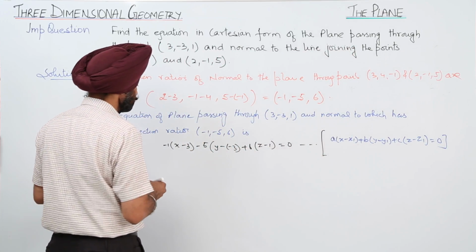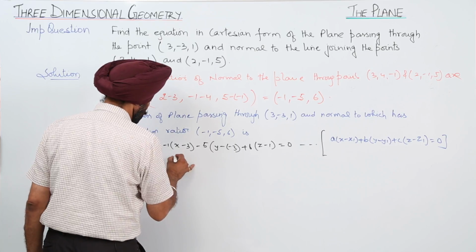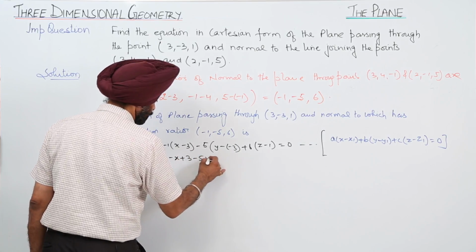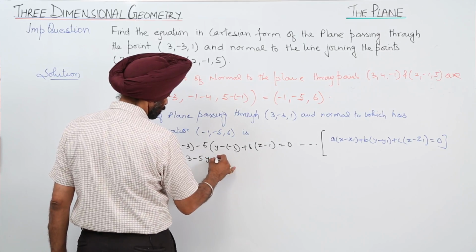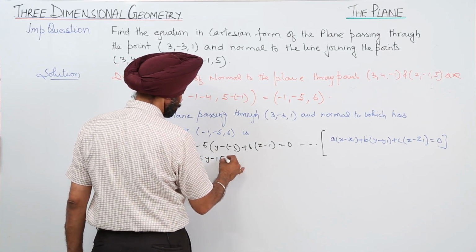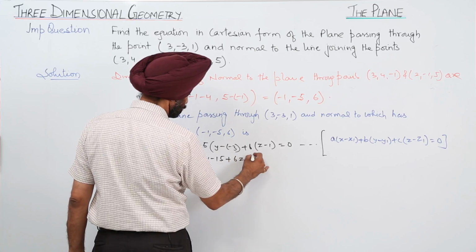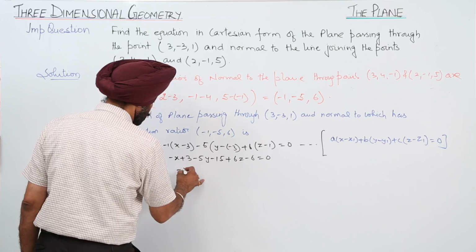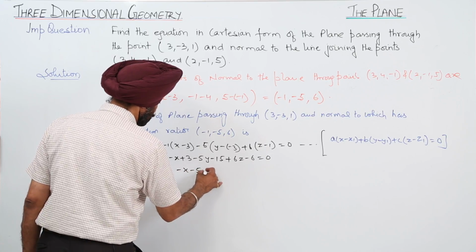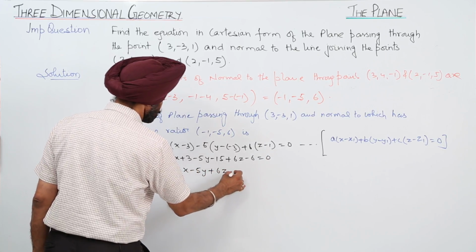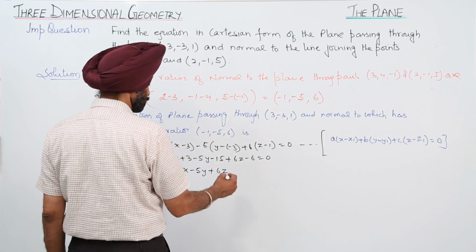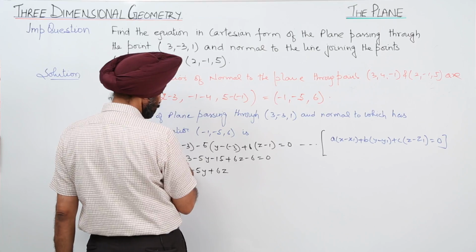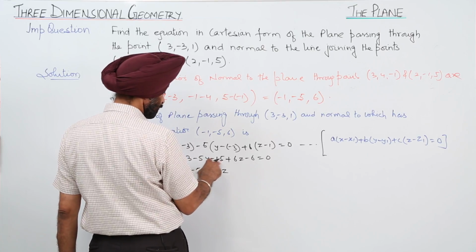Now, this becomes -x plus 3, -5y minus 15, plus 6z minus 6 is equal to 0, or we have -x minus 5y plus 6z plus 3 minus 15 and minus 6.